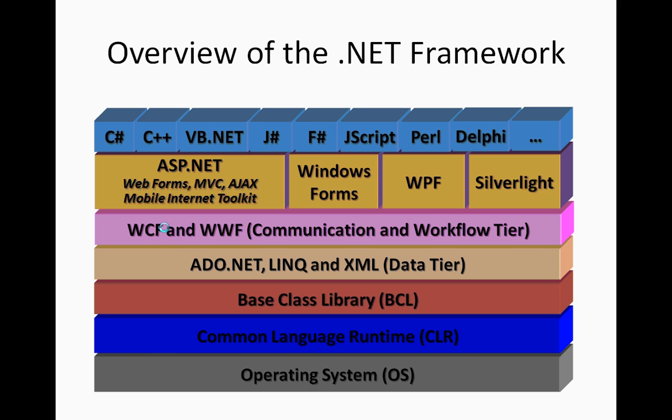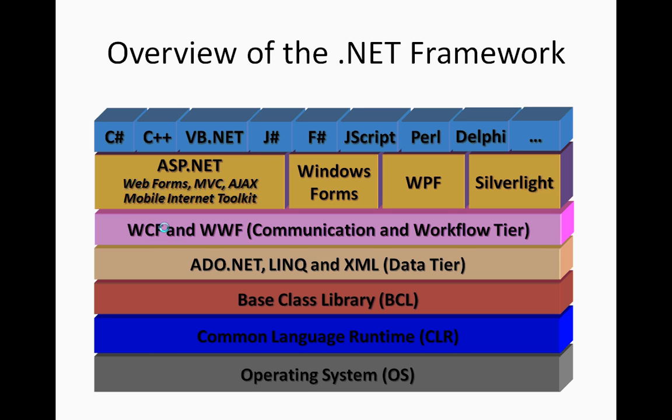On top of this communication and workflow layer, we have the GUI based technologies like ASP.NET, which is used to develop web based applications, web forms. It also has an architecture called MVC, and Ajax, mobile internet toolkit.